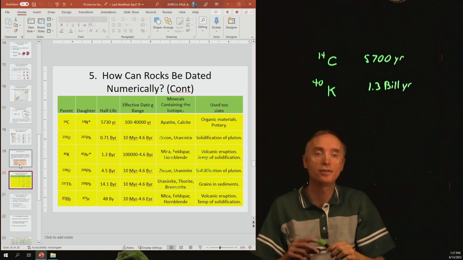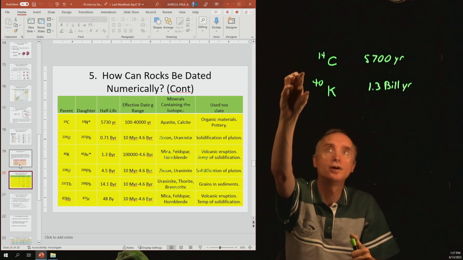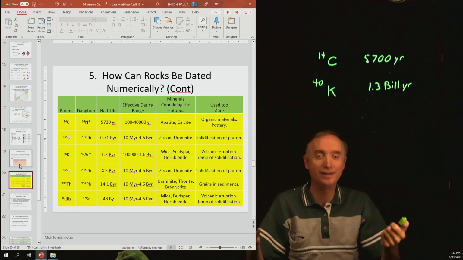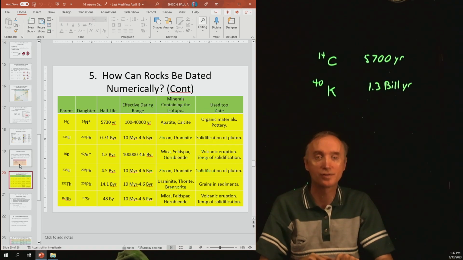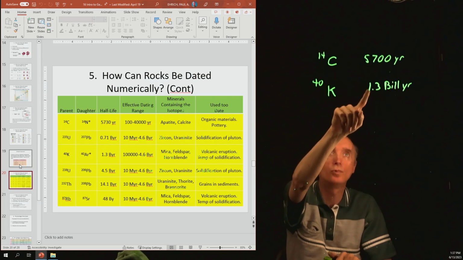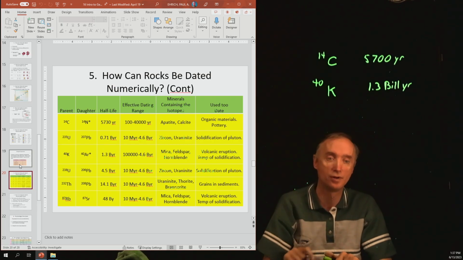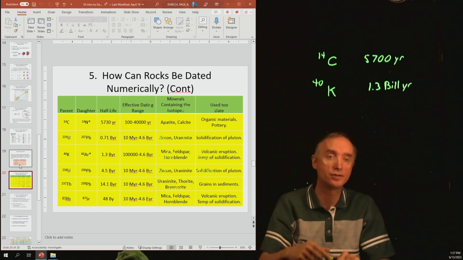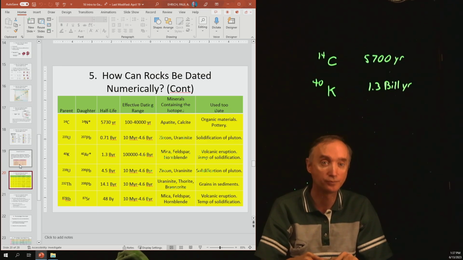So in 10,000 years, how much of this stuff would still be remaining? Something like 99.9% of this would still be there, because it's going to take 1.3 billion years for half of it to be missing, whereas this arrowhead is only 10,000 years old.